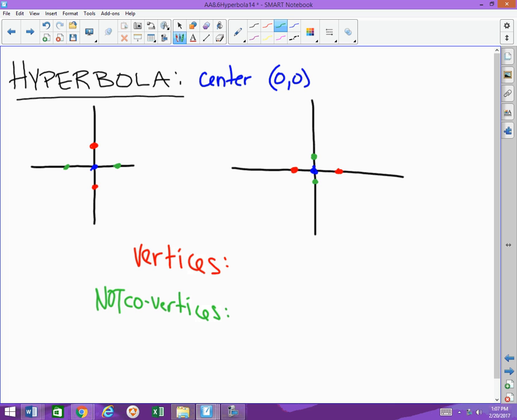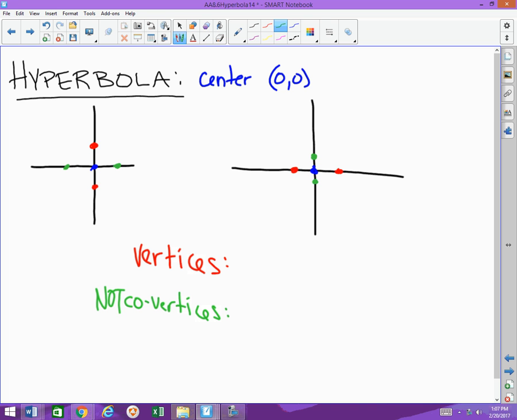Whereas in an ellipse, the vertices are always the furthest ones away and the covertices are the closest, in a hyperbola that doesn't apply. That's why I don't really like calling them covertices, but I don't really have another name for them. So the vertices are on one of the axes, the other ones are on the other axis, and it doesn't matter which ones are closer or further apart.